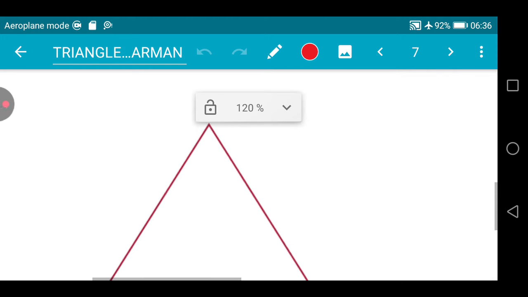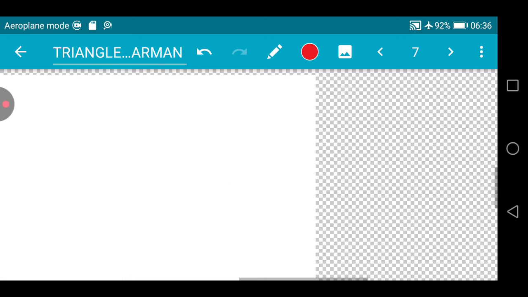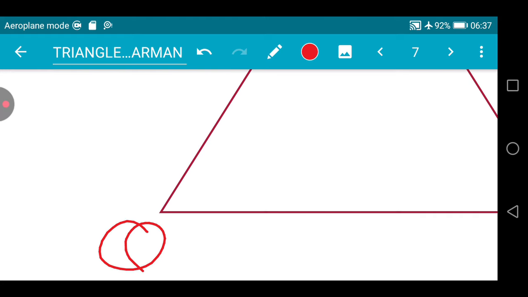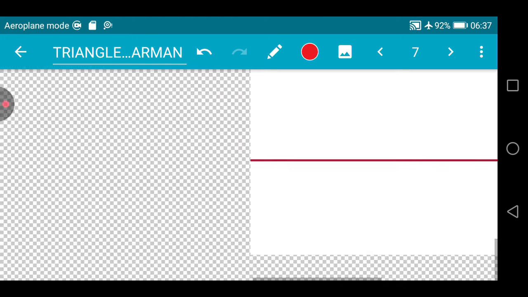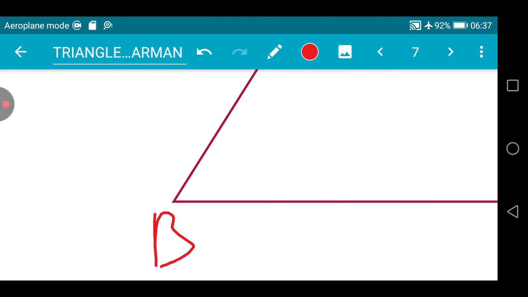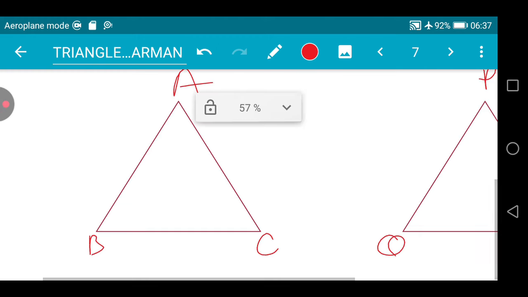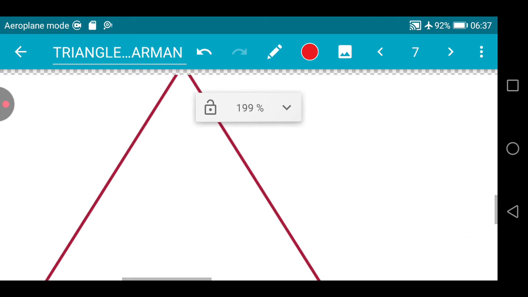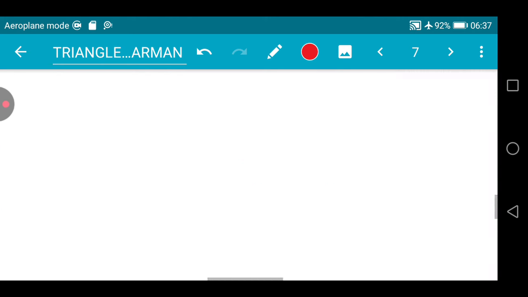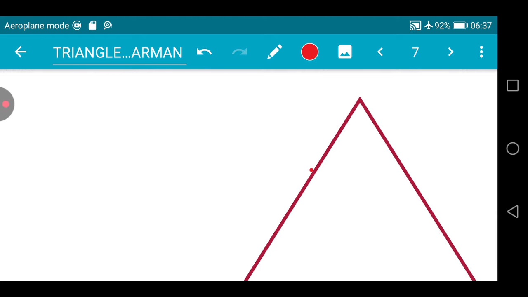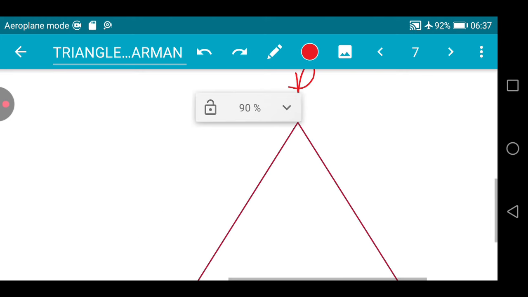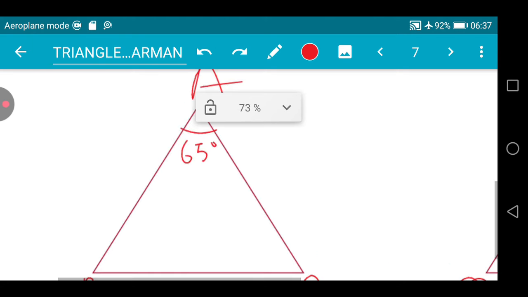How? If I have written this, angle A, B, Q, R, B, C. Okay, angle A is 65 degrees. Angle P is 65 degrees.